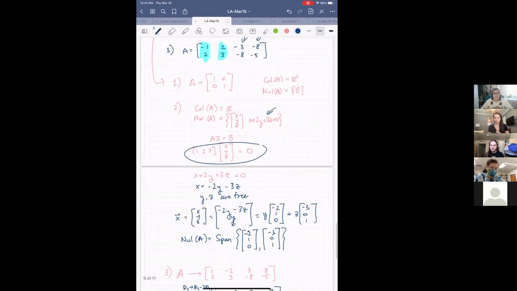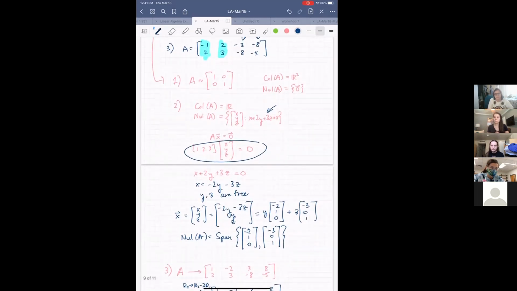Do we also know that since there's a pivot in every row, the columns of A span R2? It is, since there's a pivot in every column, the columns of A span R2. Oh, okay. I thought that the spanning came from the row. The spanning of the image corresponds to the columns.